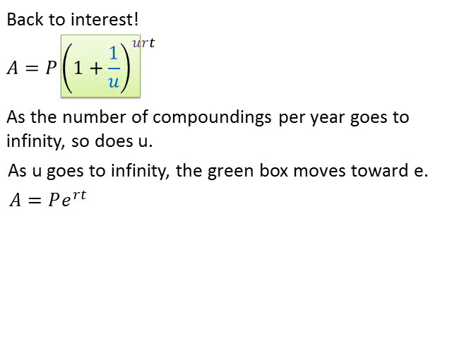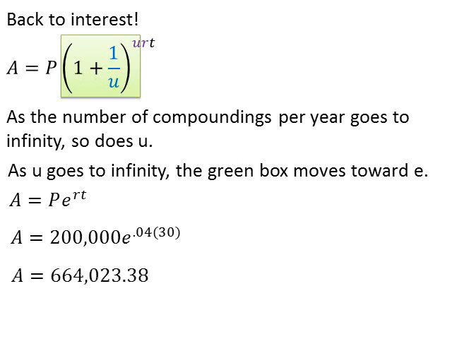So the amount that I have is amount equals P times E to the RT, so PERT. Now I put in my numbers for that, 200,000 E to the 0.4 times 30, and I get $664,023.38. That's clearly the most money I've had so far, so continuous compounding for the win.